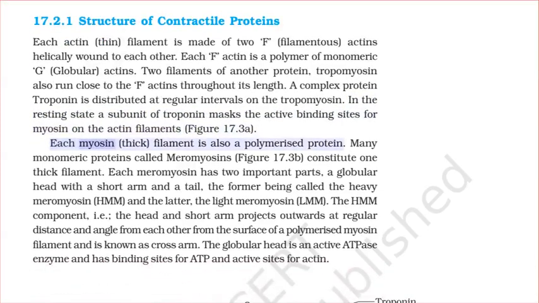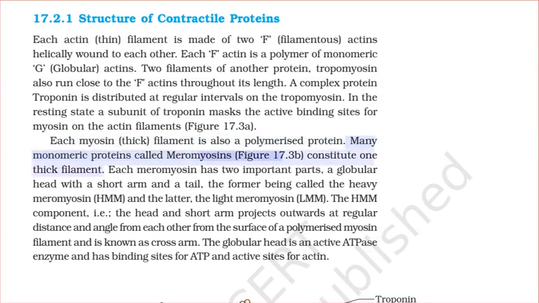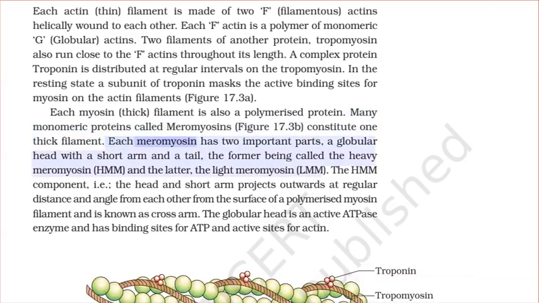Each myosin, thick filament, is also a polymerized protein. Many monomeric proteins called meromyosins constitute one thick filament. Each meromyosin has two important parts, a globular head with a short arm and a tail, the former being called the heavy meromyosin, HMM, and the latter, the light meromyosin, LMM.